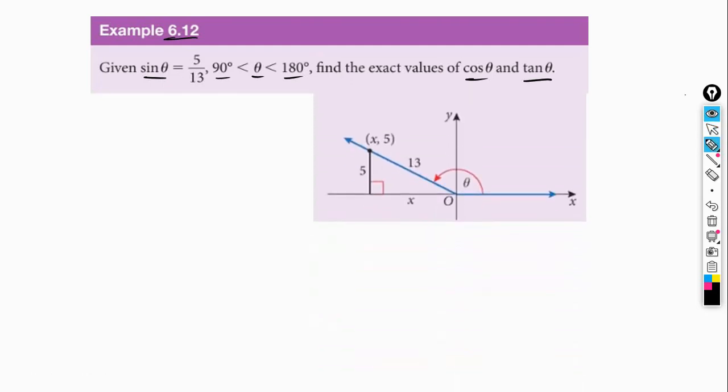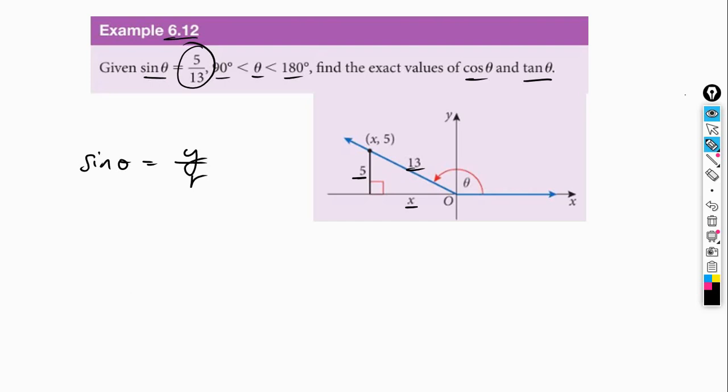So notice that we have the values in the second quadrant. So we know that sine of theta is equal to y over r. That's why we have this 5 here, and we have this 13 here, since they told us that sine of theta is 5 over 13. But we still need x in order to find the exact values for cosine and tangent of theta.